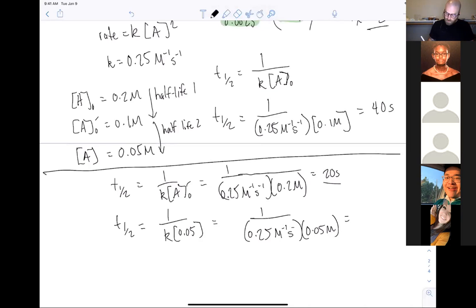It would take 80 seconds to go from 0.05 to 0.025. So 0.2 to 0.1 takes 20 seconds. 0.1 to 0.05 takes 40 seconds. But then going from 0.05 to 0.025, now it takes 80 seconds.